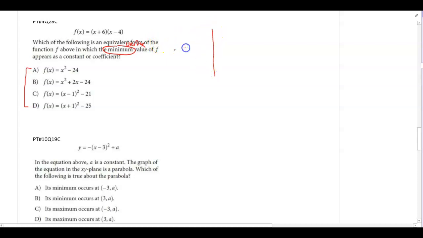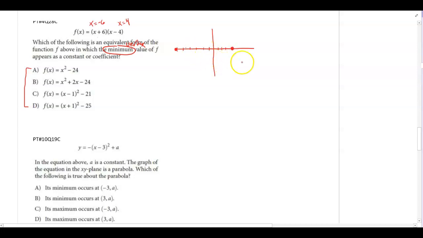Remember, when we find the x-intercepts, one x-intercept is going to be at negative 6, 0. The other one's going to be at 4, 0. So 1, 2, 3, 4, 5, negative 6, 0, and 4, 0.